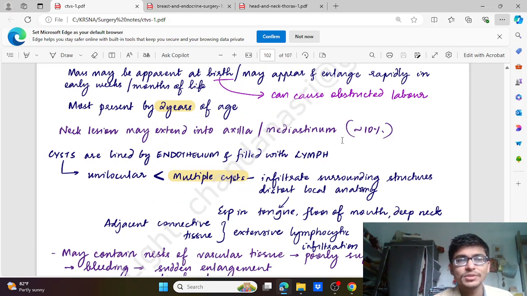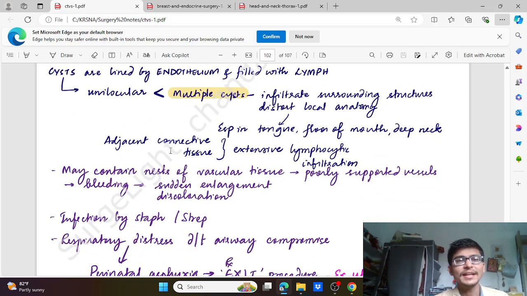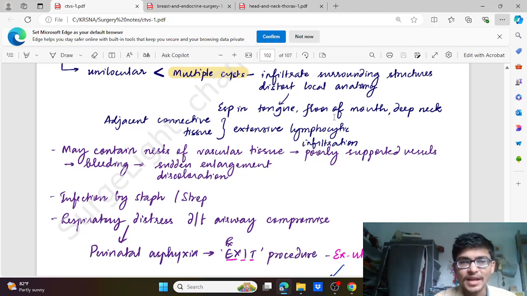Neck swelling may extend to the axilla or mediastinum in 10% of the cases. The cyst is lined inside by endothelium and contains lymph. These are generally unilocular but may be multilocular and may infiltrate the surrounding structures to distort the anatomy, especially the tongue, the floor of the mouth and the deep neck.